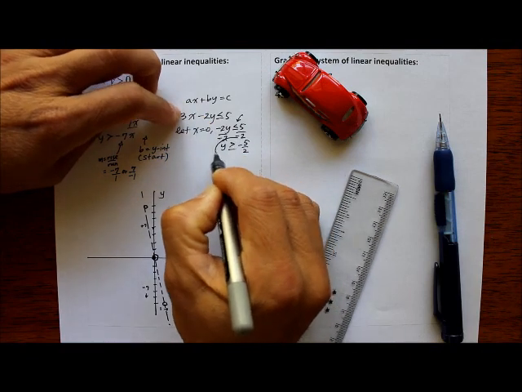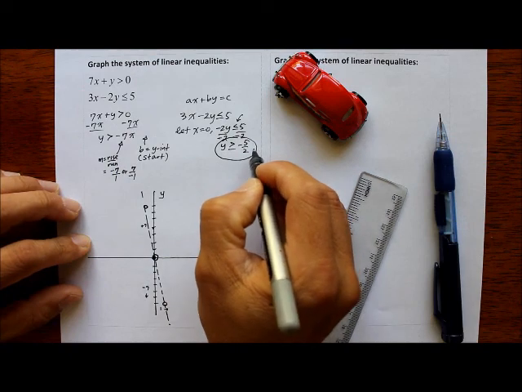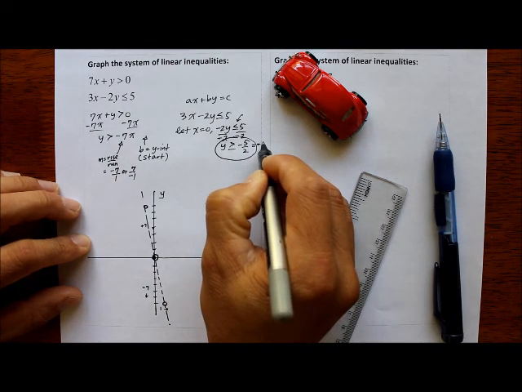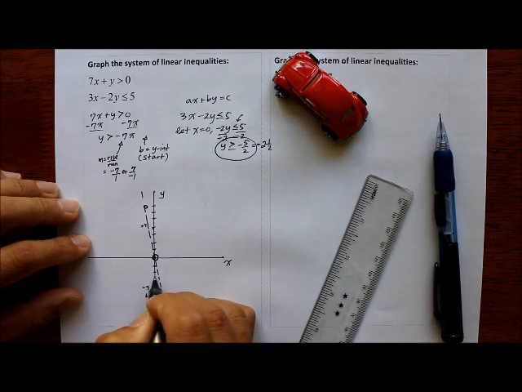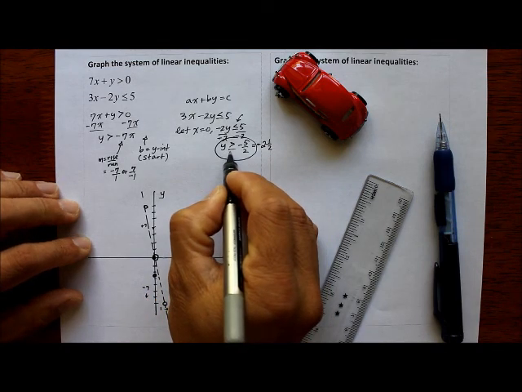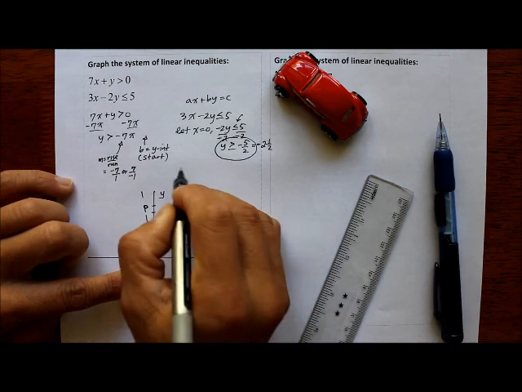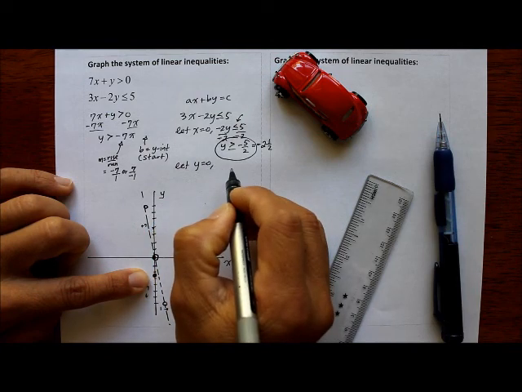So that's my y-intercept. And remember, negative 5 over 2 is exactly like saying negative 2 and 1/2. So 1, 2 and a half, and this one is going to be a closed circle because it equals to. See, right there is closed, because it equals to. Now we're going to find the x-intercept by letting y equal 0.